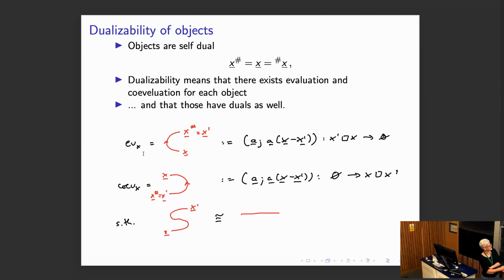So physicists may also think about a folding trick that allows us to see this as a boundary. And then for the co-evaluation, it's the same thing going in the other direction.